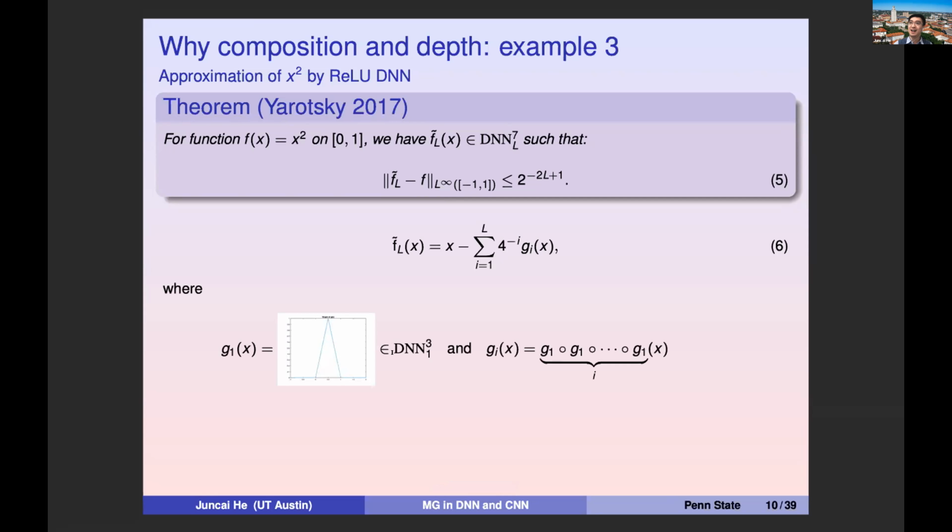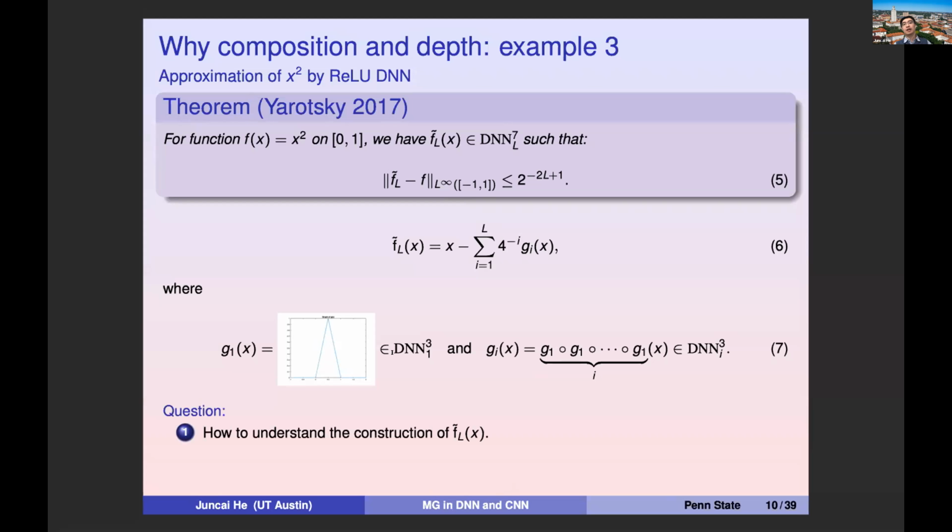Then this g_i you just compose g_1 i times. Of course, by the definition of deep neural networks, it means that you can recover this g_i by using a deep, i-layer DNN, with the width fixed at only 3.